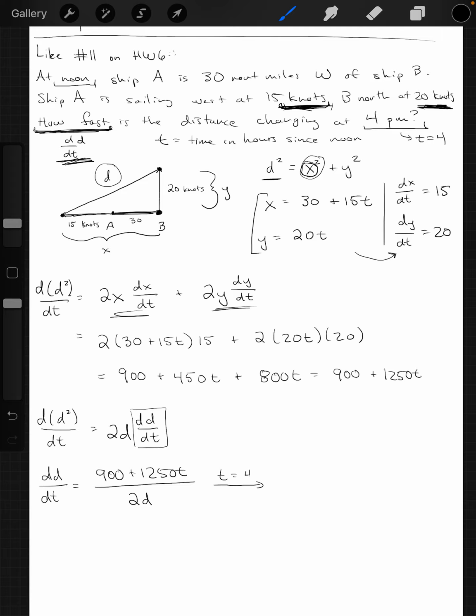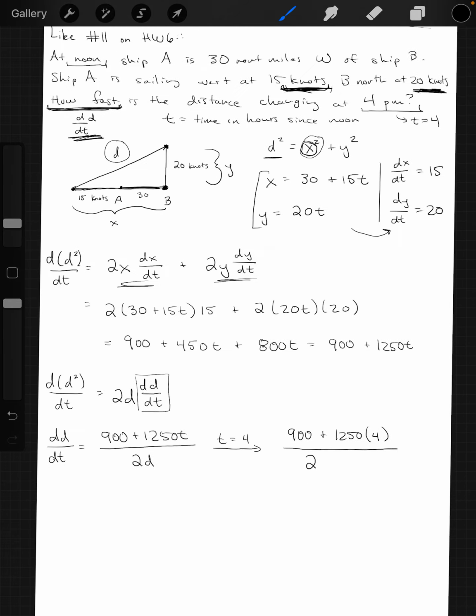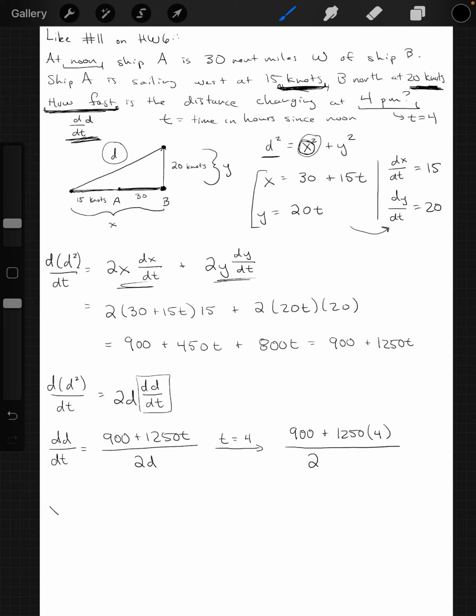When we plug in t equals 4, we get 900 plus 1250 times 4 divided by 2. And here's where things get tricky, because we need to figure out what d is at t equals 4.